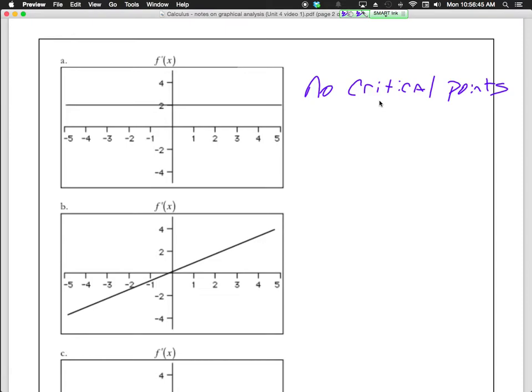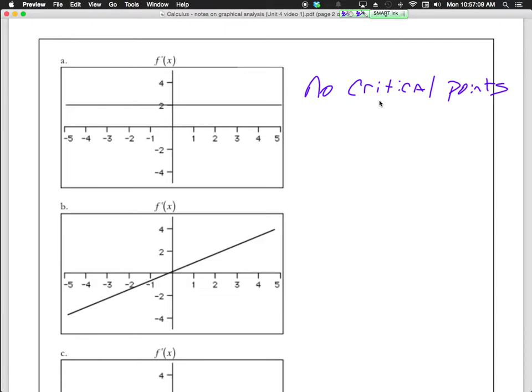Where the graph of f prime of x is undefined. What else? Where my graph is positive and where my graph is negative. Those are the only 4 things I'm looking at: where it touches the x-axis, where it's undefined, where it's positive, and where it's negative.